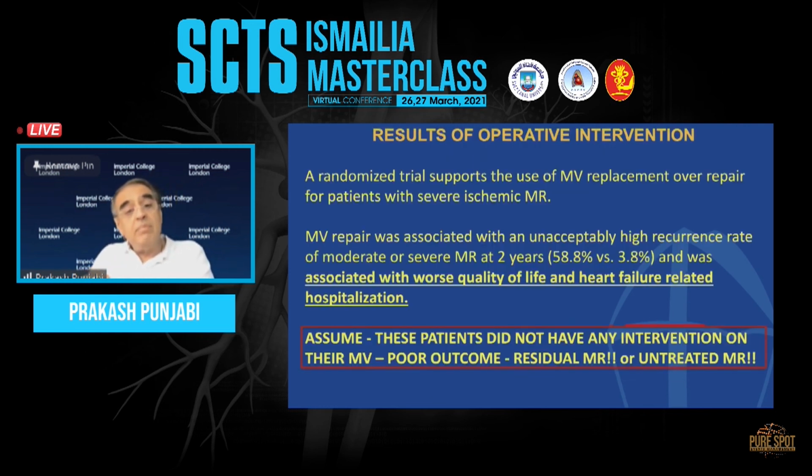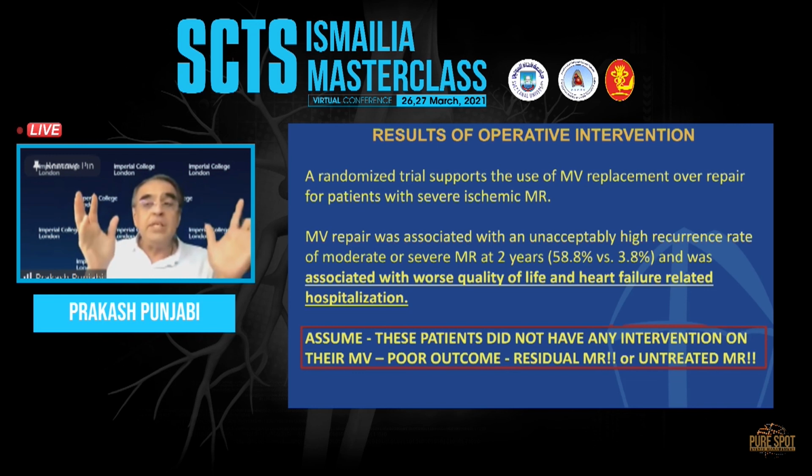But we were able to say that all those two manuscripts that Mickler and Acker were talking about, if you look at the group that failed, those failure patients actually had worse quality of life.